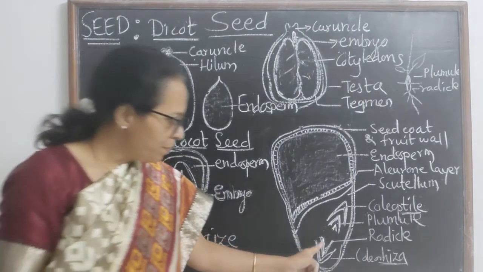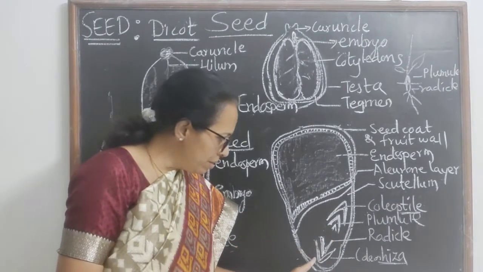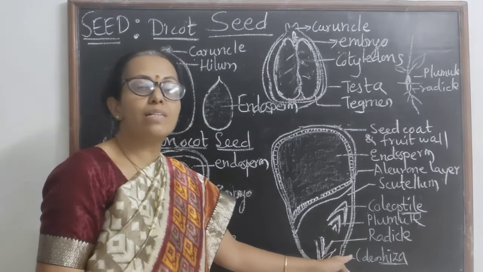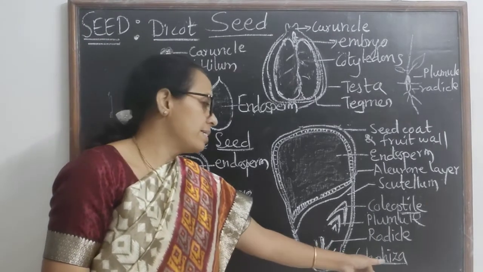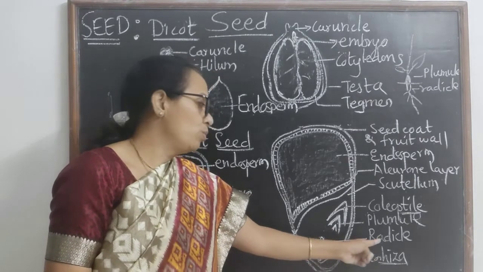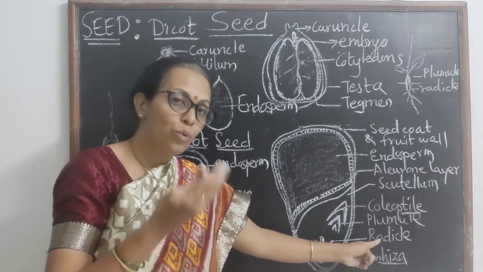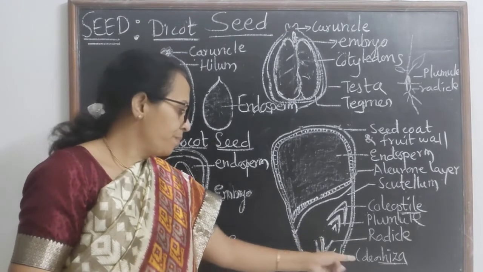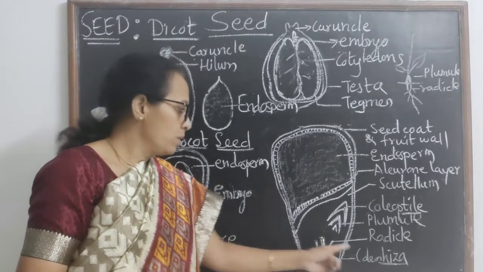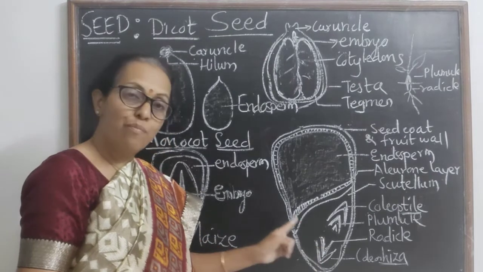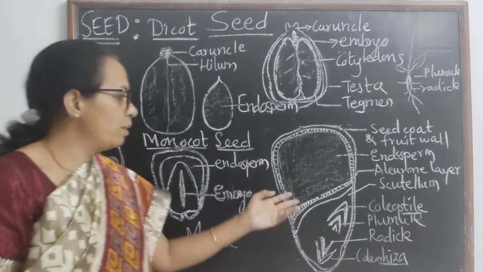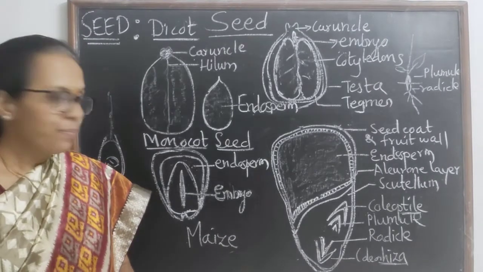While on the radicle, a similar protective layer is present. We call it the coleorhiza. Rhiza refers to root, and we know that the radicle is going to give rise to the root system. So protection to the root is the coleorhiza. These are the characteristic features which we observe in these grains, that is, in the monocot seed.